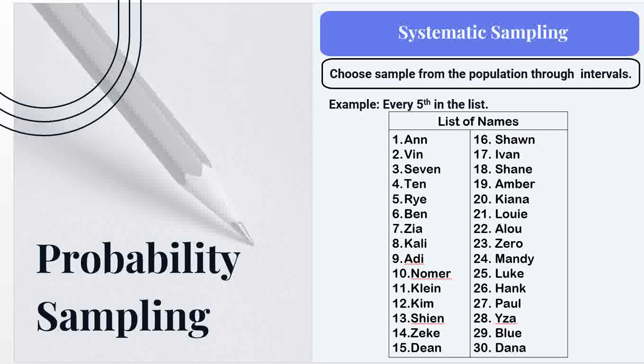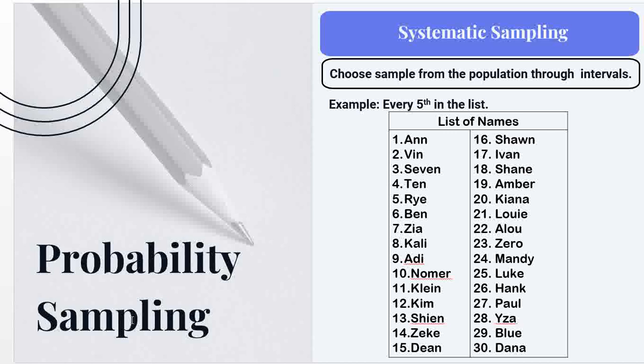Let's say our study is the effects of TikTok on Grade 12 TVL students, and our TVL has 30 students. So, you are going to list all the names of these 30 students, as you can see in my example. Then you assign each of these respondents a particular number.